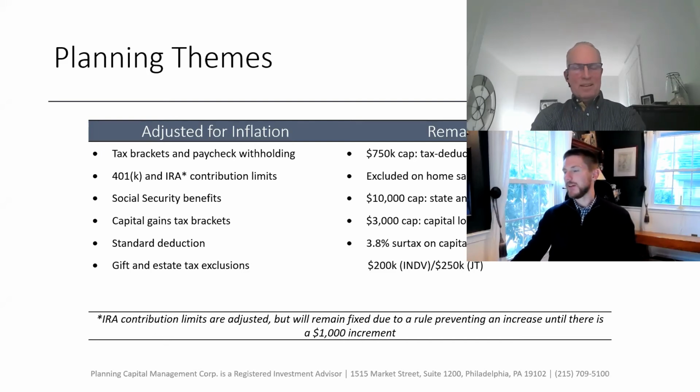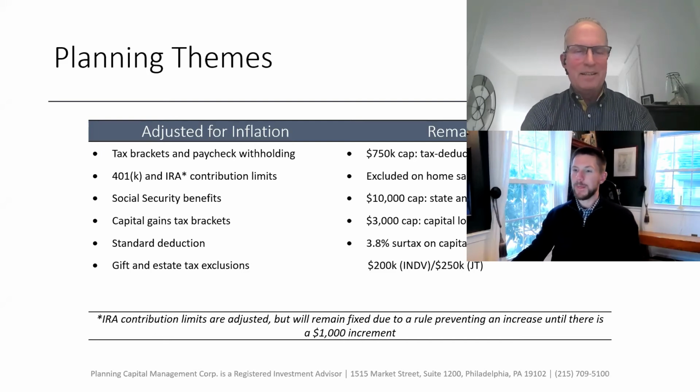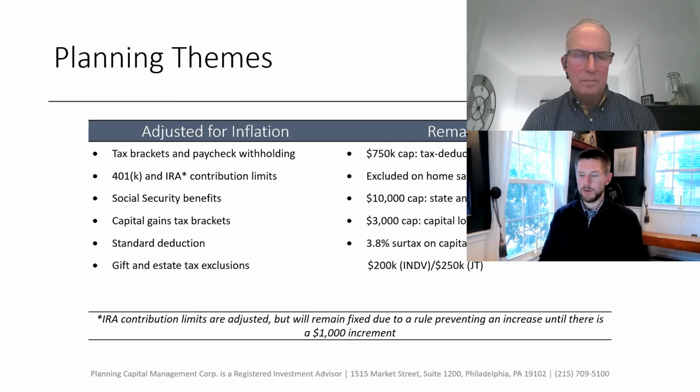I'm sure people are sick of hearing us talk about inflation, but while we're on the subject, the planning themes as it pertains to inflation. Most of them have to do with tax. And one thing we have to remember, potentially one of the reasons we started sliding into 2022 in a tailspin in the market, is that most people assumed the Build Back Better bill would pass.